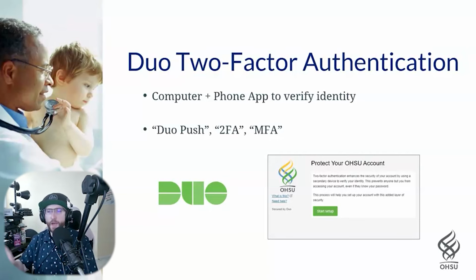So if you have any issues with Duo authentication, I would recommend reaching out to ITG directly. You can reach them on their phone, which is 503-494-2222. If you're on campus, any campus phone, you can dial 42222. Or you can send me an email and I can help you get set up with who you need to talk to.